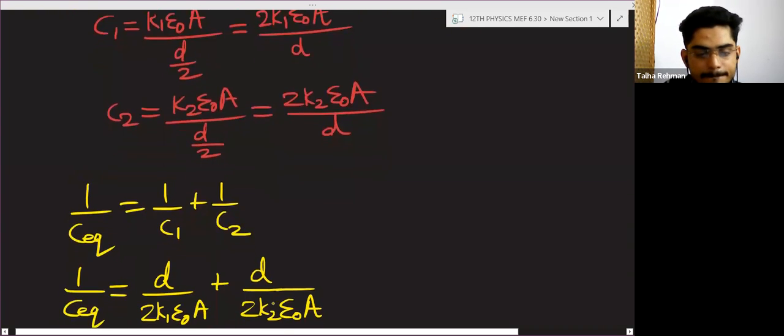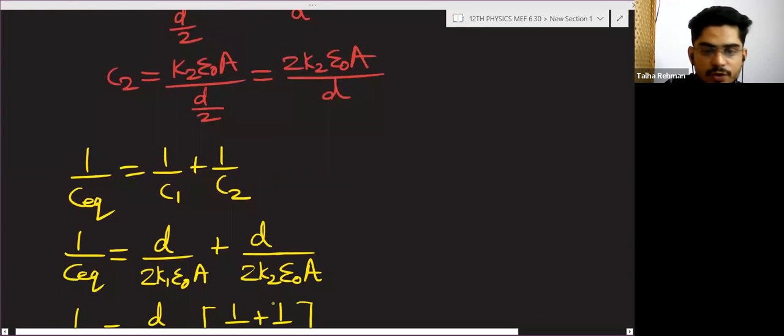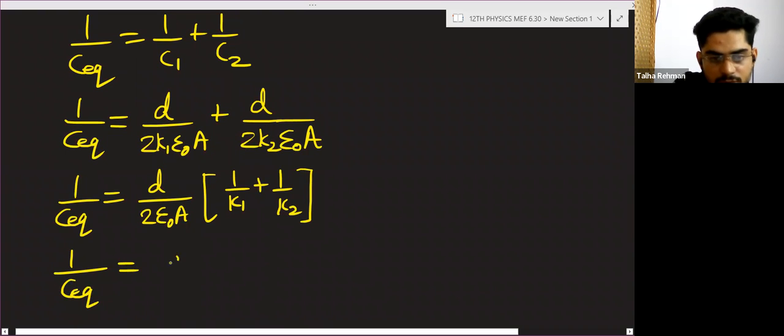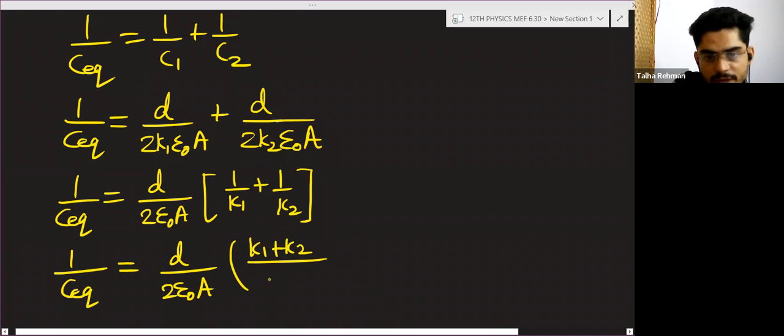Okay. And if you want to find C equivalent, this will become D upon 2 epsilon naught A, and this will become K1 plus K2 divided by K1 K2.